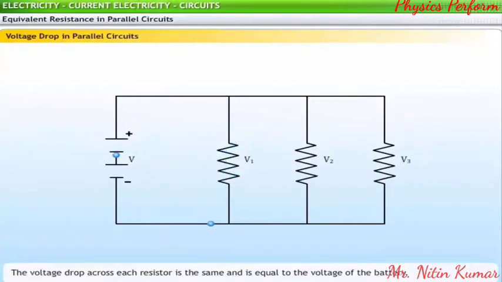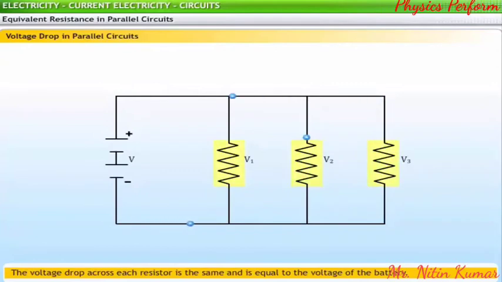In a parallel circuit, a charge does not pass through every resistor. Rather, it passes through a single resistor. Thus, the entire voltage drop across that resistor must match the battery voltage. It doesn't matter whether a charge passes through resistor 1, resistor 2, or resistor 3.